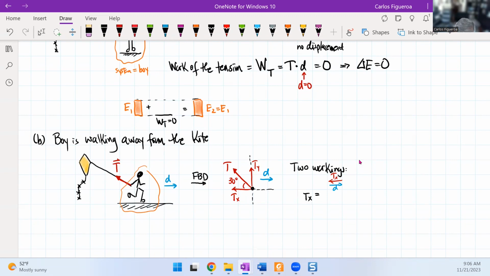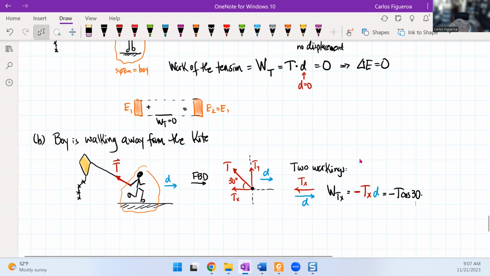So now I'm going to change how I write this to try to be a little bit more clear. I'm going to say that the tension in x goes like this. My displacement goes like this. So therefore, the work due to the tension in the x direction must be negative times the displacement, which in this case becomes minus the tension cosine of 30 times my displacement.